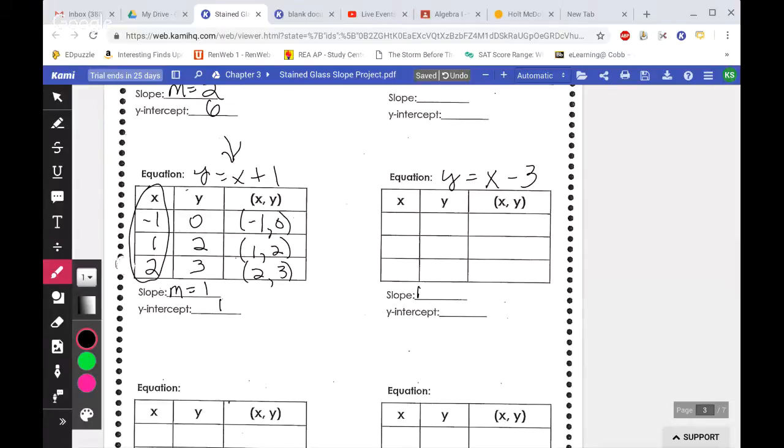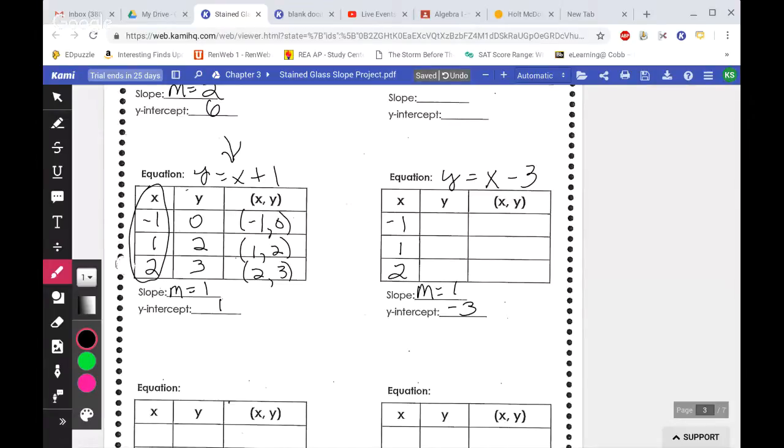It's understood. 1. So that is my slope. What is the standalone constant at the end of the equation? Negative 3. That is my y-intercept. So now I'm going to pick my 3 x variables, and I can pick any 3 that I want.